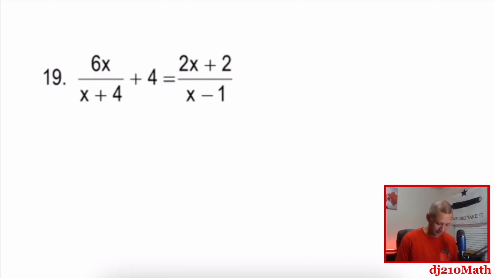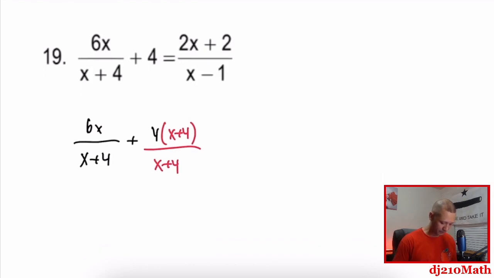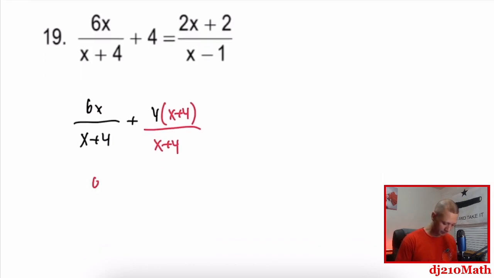Okay, let's get it. So this is going to be 6x plus 4. Get my common denominator now. X plus 4. This is going to be 6x plus 4x plus 16 over x plus 4.